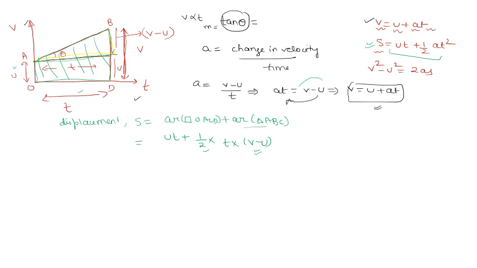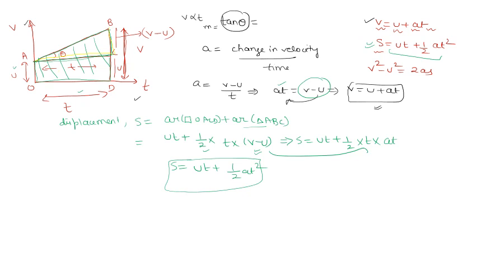From the first equation, you can say v minus u is at. So s = ut + half t into, instead of v minus u, place at. That means s will be ut + half at square. So this is your second equation.